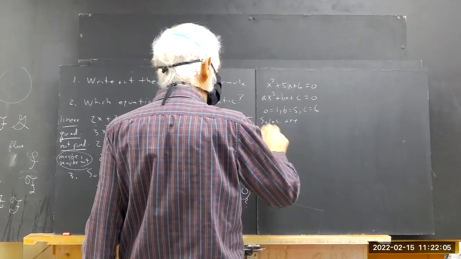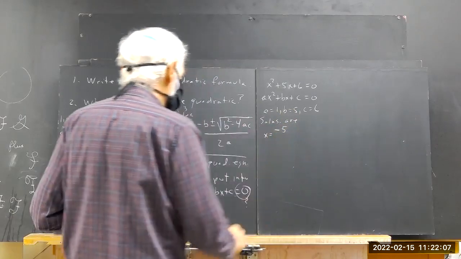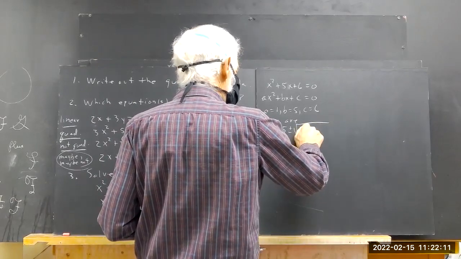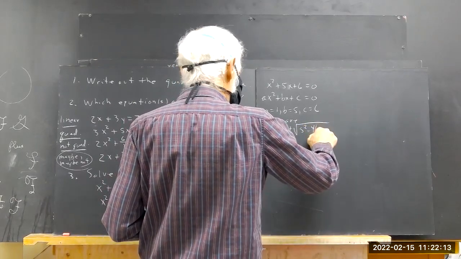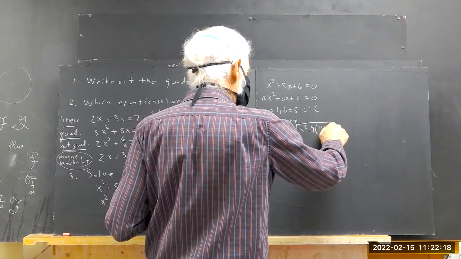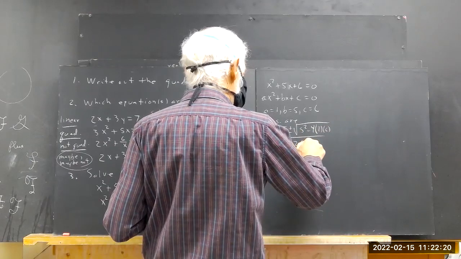x equals negative b, which is negative 5, plus or minus the square root of 5 squared, minus 4 times a, which is 1, times c, which is 6, over 2 times 1.